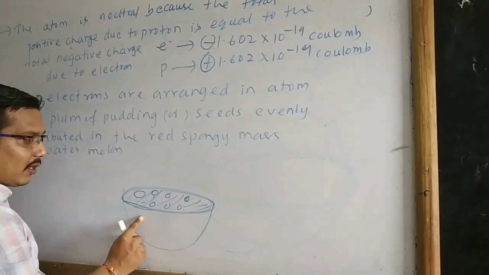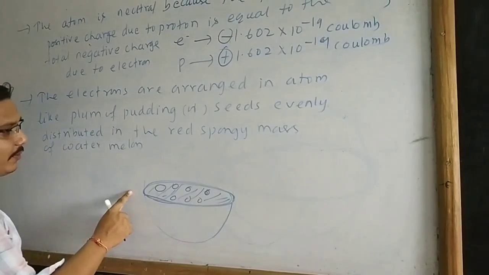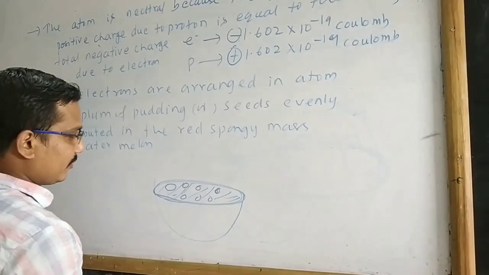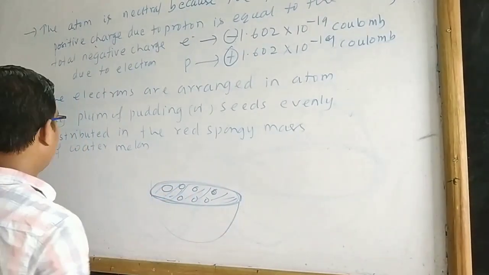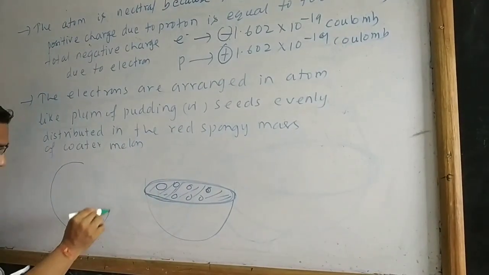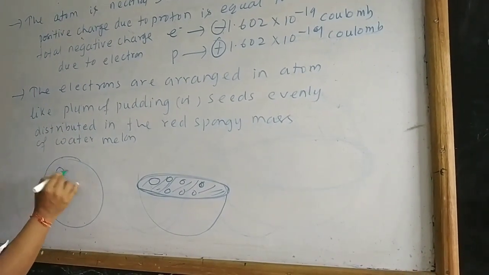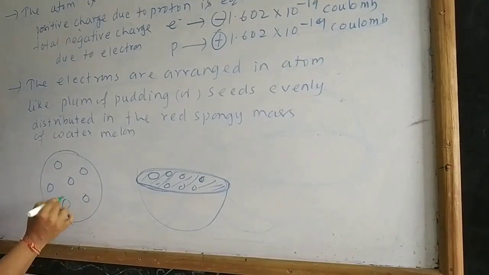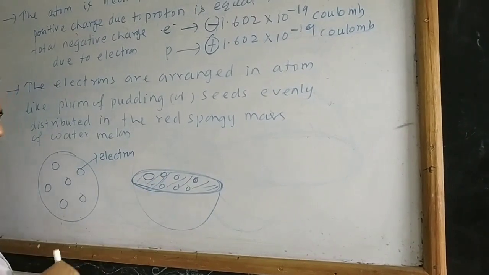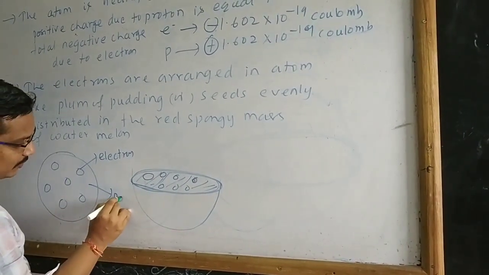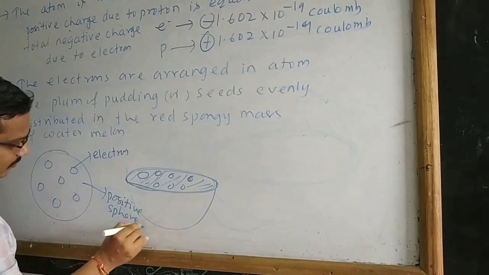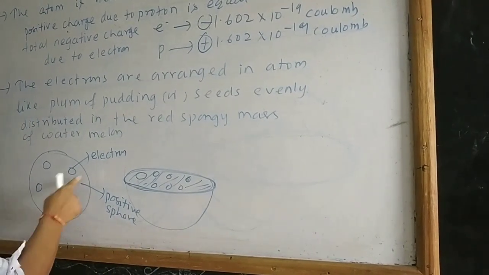Now the scientist Thomson compared the arrangement of electrons with the seeds of the ripened watermelon in the red spongy mass. The seeds are the electrons, and this is the positive sphere, the red spongy mass in the watermelon.